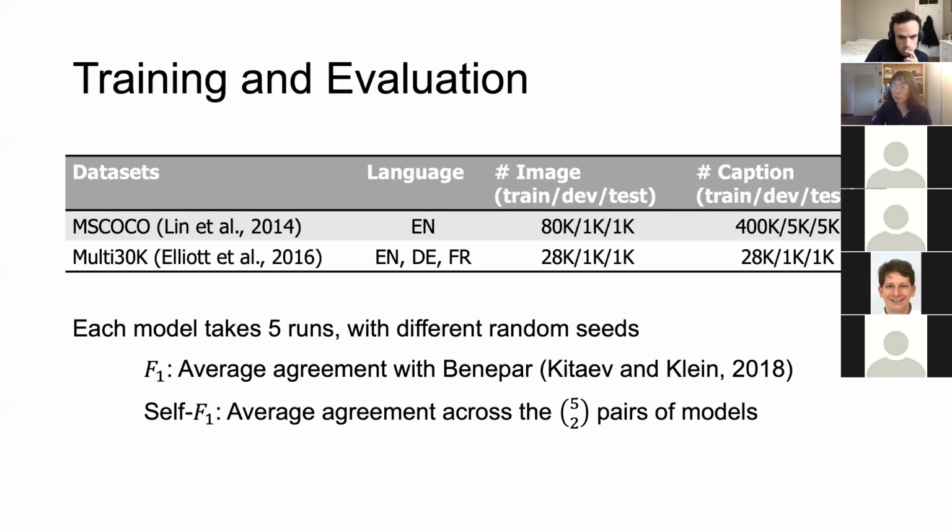So the first evaluation metric basically computes the average agreement between the derived parse tree and the parse tree derived from Benepar. And we also report the self F1 score, which is the average agreement across all pairs of models that are trained with different randomness. So this evaluates how consistently our model produces results after learning from a given dataset.